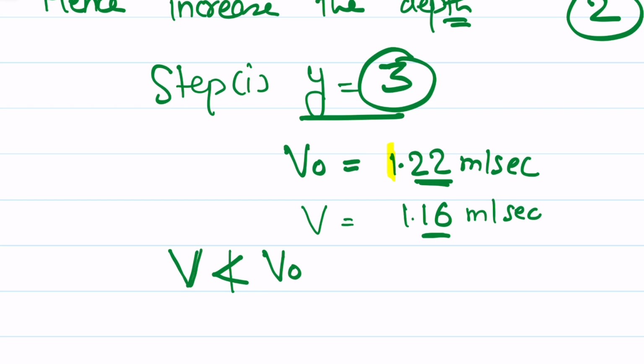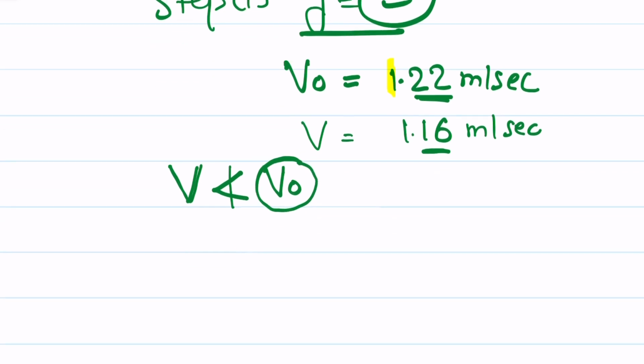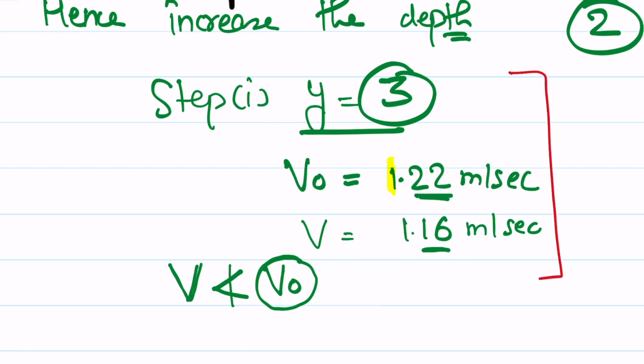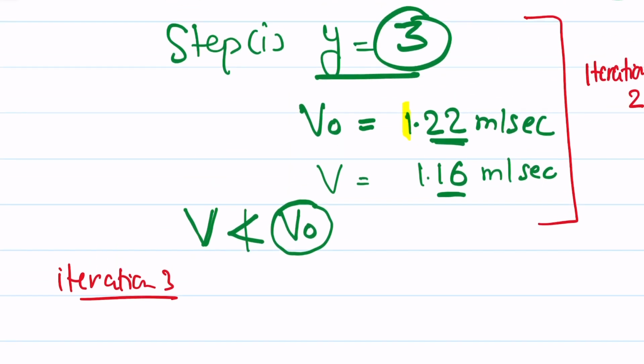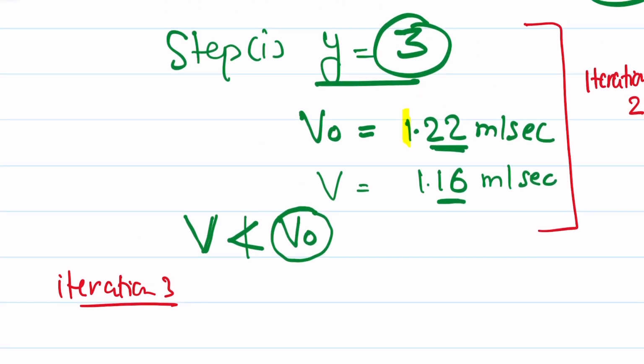Taking y equals 3 is iteration 2. In iteration 2, our critical velocity is higher, and now we want to decrease it. So we are going to decrease the value of the new trial depth.